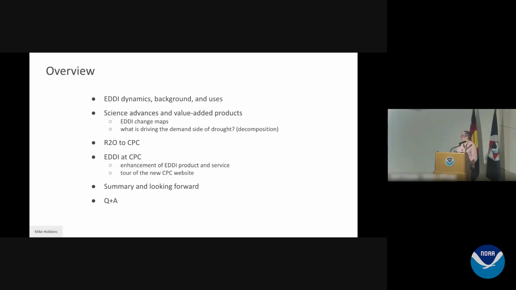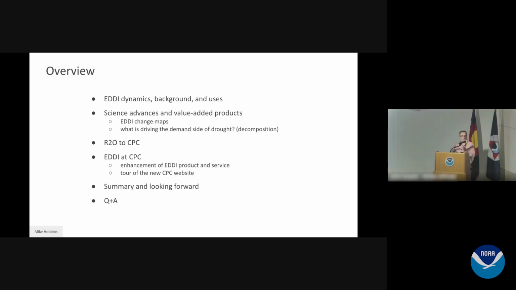So what am I going to talk about? First, a real quick background to summarize what EDDI is, how it works, and what its uses are. Then we have two value-added products. The first was asked for by users: these EDDI change maps.